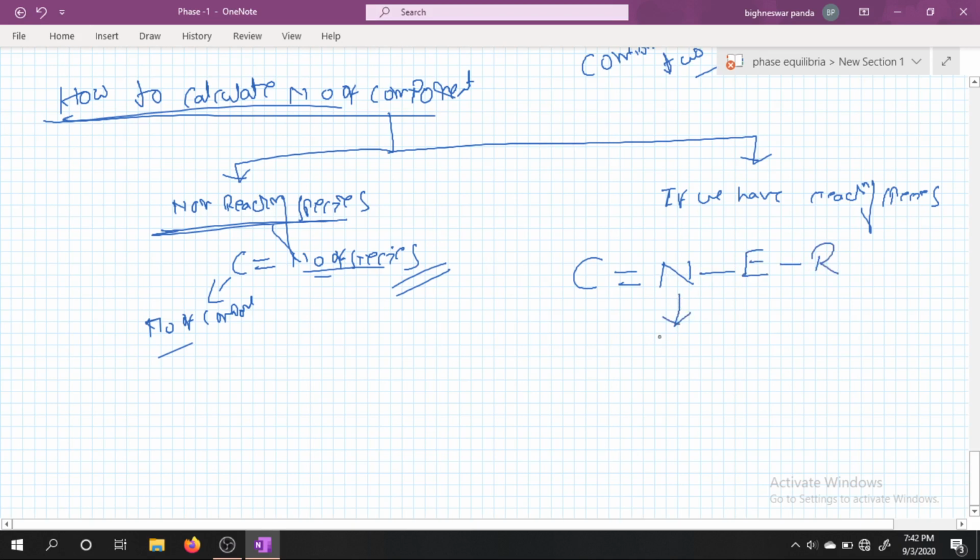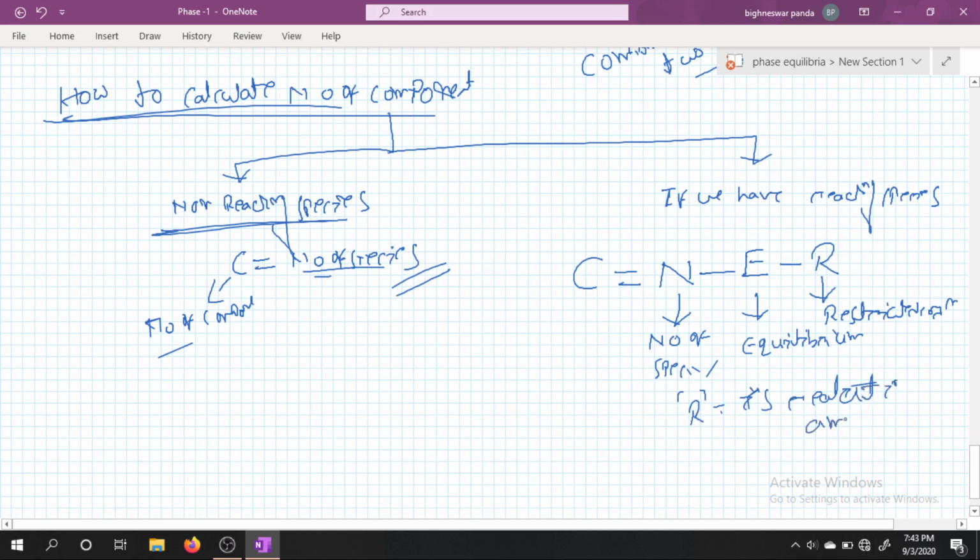Where n is the number of species, E is the condition for equilibrium, and R is the restricted condition, or R is a relation among species.